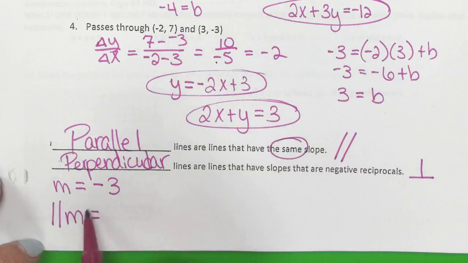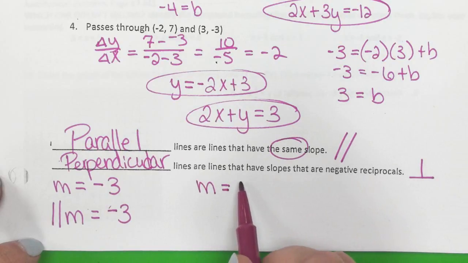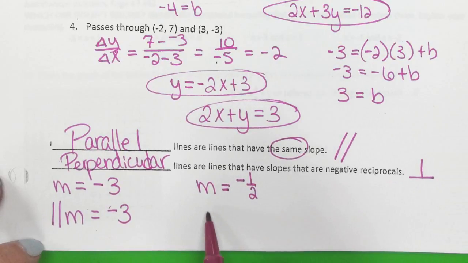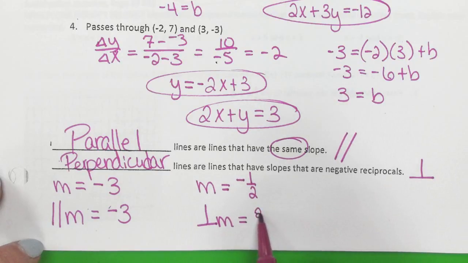Parallel being the same, it would be -3. What if I gave you a slope of -1/2 and asked you to find the perpendicular slope? You take the opposite sign, which would be positive, and then you flip this, and that would be 2/1, which is 2.